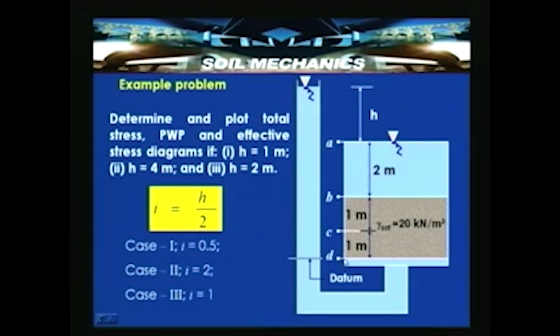Now at this point, if you take h equal to 1 meter, it is 2 plus 2 plus 1, which is 5. So, it has a pressure head of 5 meters. The elevation head is 0 because it is at the datum, so the total head will have to be 5 meters. If the head loss is 1 meter, the total head here has to be 4 meters. So the total head loss occurring here is a triangle of 1 meter to 0. So, with a hydraulic gradient of 0.5, the flow takes place.